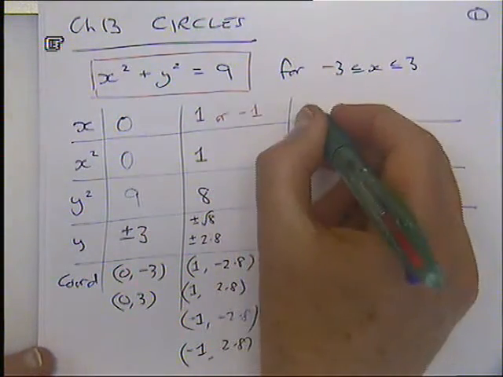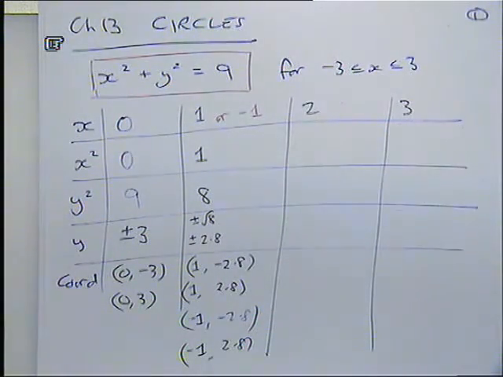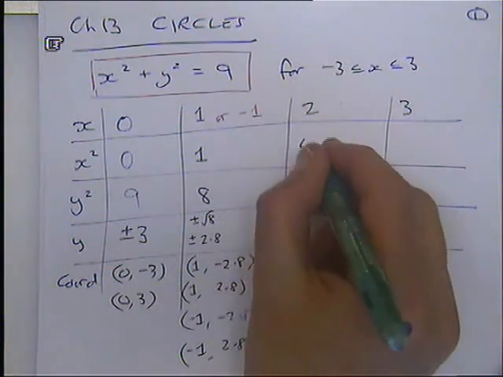Can you now do a similar thing for when x is 2 and for when x is 3? Okay, I'm not going to talk them through. I'll put them up here in a minute. I'll just freeze it for you in the classroom. If you're watching on video, well, you'll see it anyway.